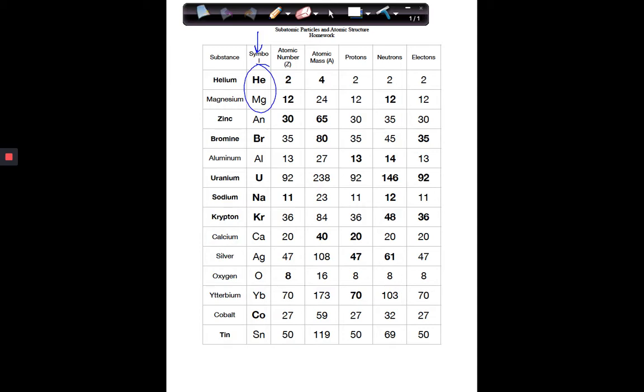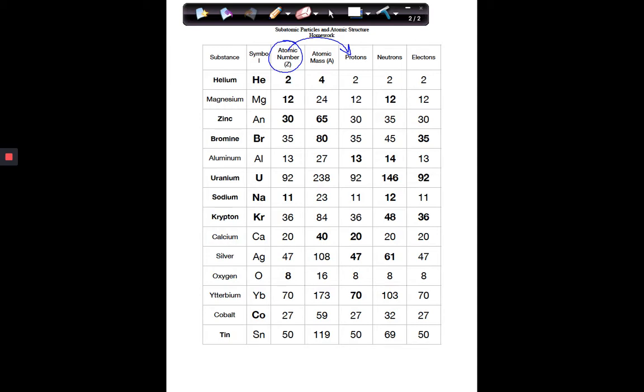Then, guys, remember that the atomic number, which is the big number in blue on our periodic table, always tells us the number of protons. So, guys, as you're grading this, these two columns should be exactly the same the whole way down. So as you're looking this over, you may want to let your eyes scan down those two columns. And make sure that those two columns are always the same.